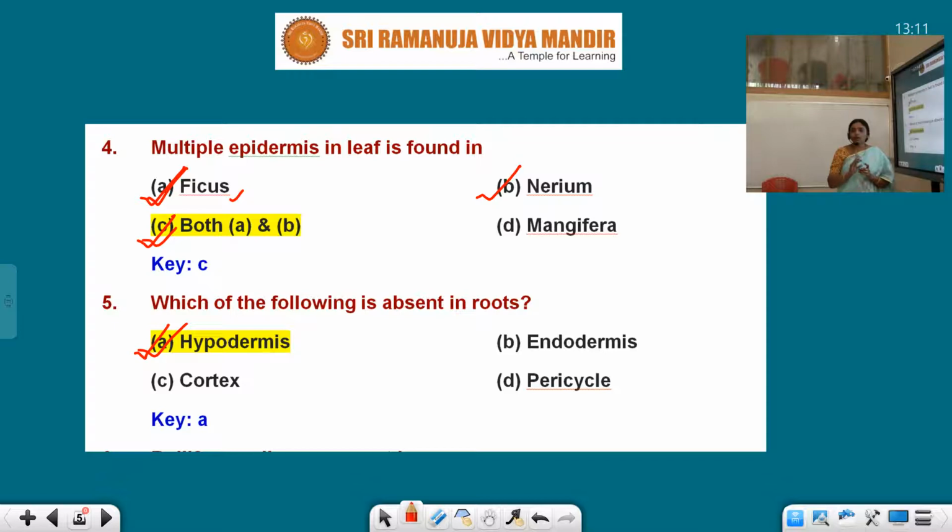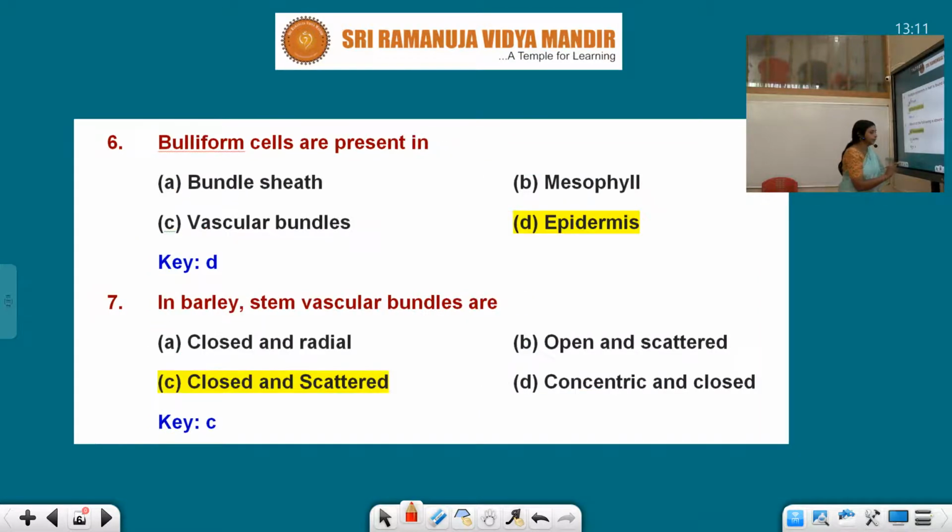Whereas in dicot stem and monocot stem, below the epidermis hypodermis is there. In dicot, collenchymatous hypodermis, and in monocot stem sclerenchymatous hypodermis. Endodermis, pericycle and cortex are there, only hypodermis is not present in roots. So the answer is A.